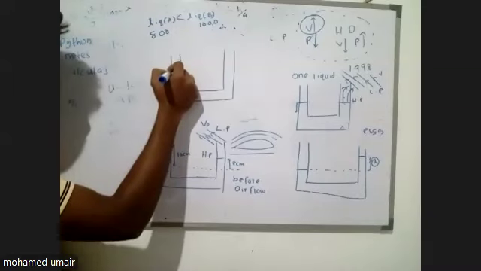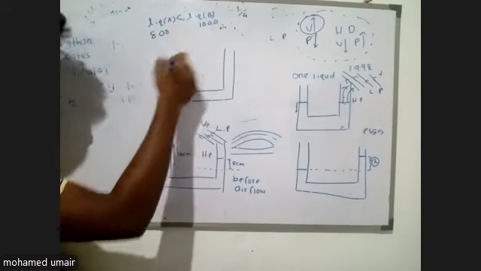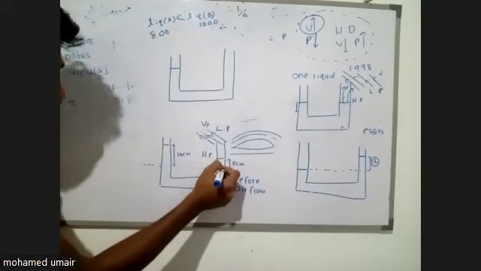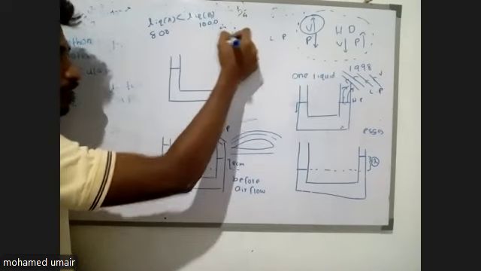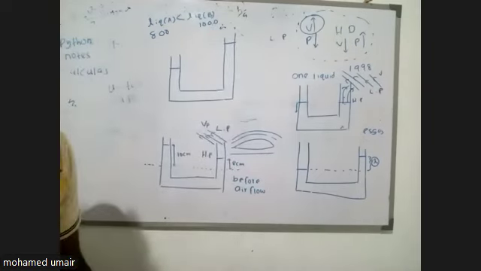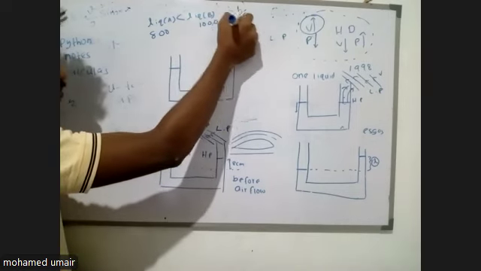So there will be a drop in this section. So it's not furthermore 10. And there will be a rise in this section. And still we are having the airflow.